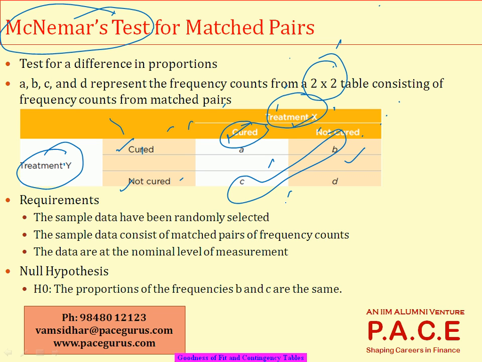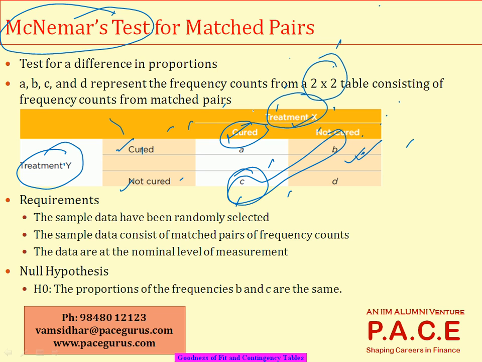Because I'm talking about treatment X and treatment Y. In some cases, the samples could be completely different. So in some guys, I would have found that the treatment X would have not cured, but Y would have cured. In some cases, I would find that Y did not cure, but X has cured.